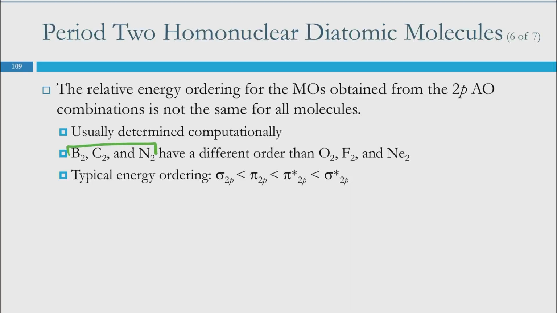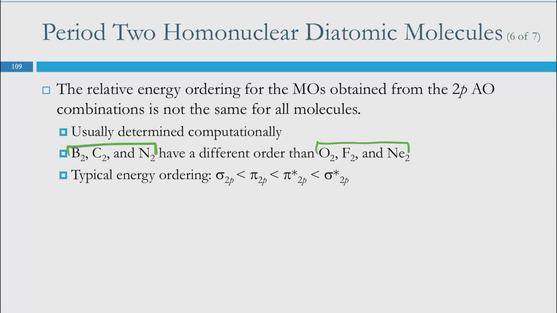B, C, and N have a different order than oxygen, fluorine, and neon. That's the most that you might have to memorize: the sigma and the pi bonds are just flipped. So for one of those, maybe the sigma will be lower. For the other one, the sigma will be higher energy. We'll see pictures of it or diagrams.